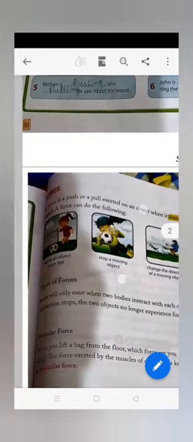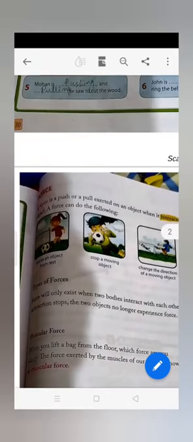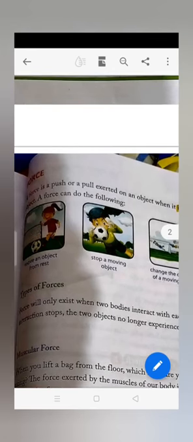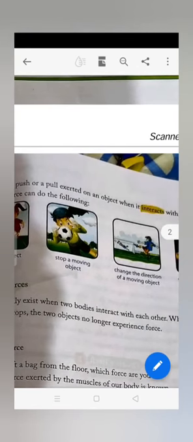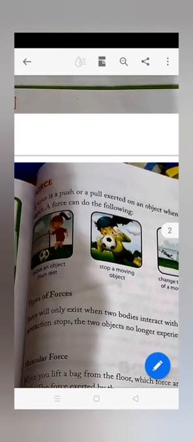Now see, next is force. So what is a force? A force is a push or a pull exerted on an object when it interacts with another object. Now what is the meaning of interact? Interact means act together or towards others or with others.